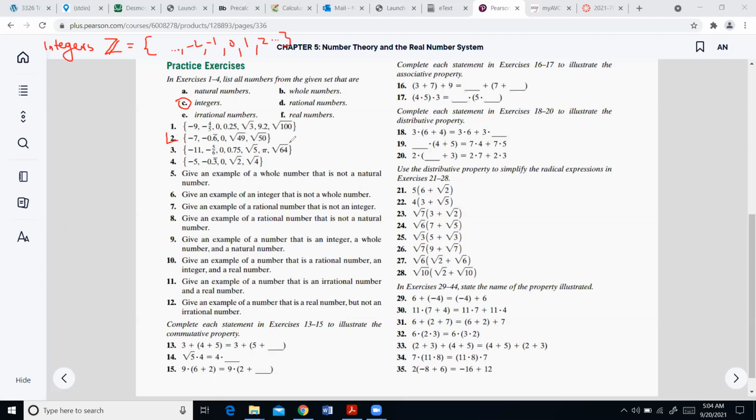And it turns out in this set we have -7 that works, 0 that works, and the square root of 49 that also works, because square root of 49 is actually 7, right? Although they wrote it with a square root, you can extract that square root and this becomes number 7.